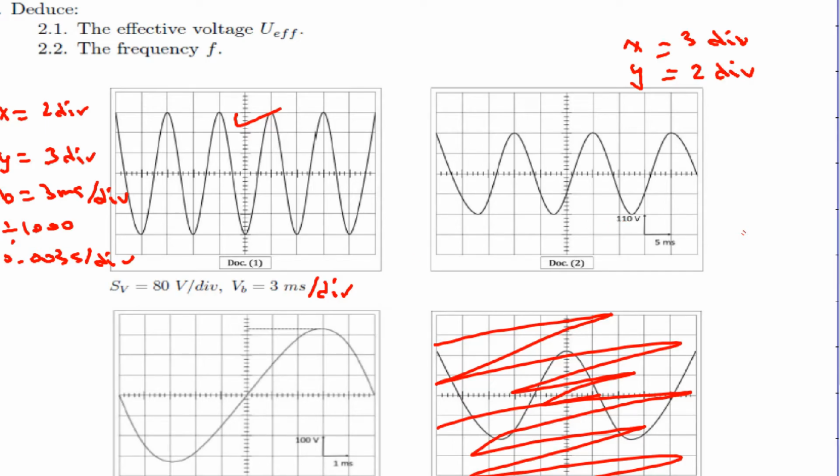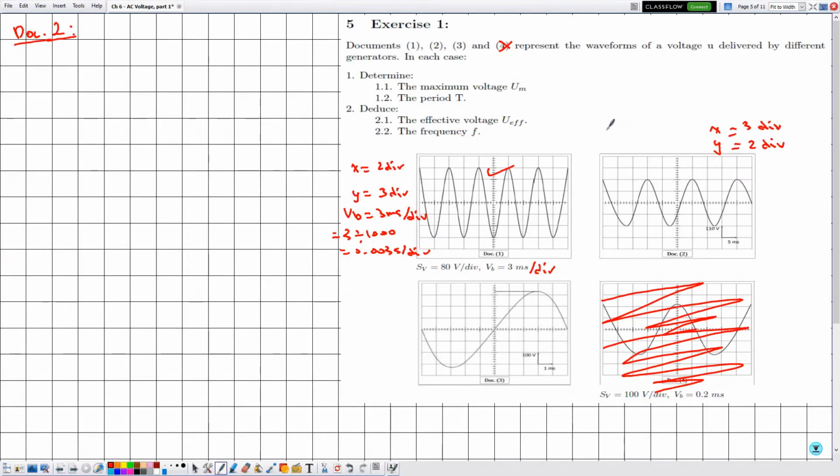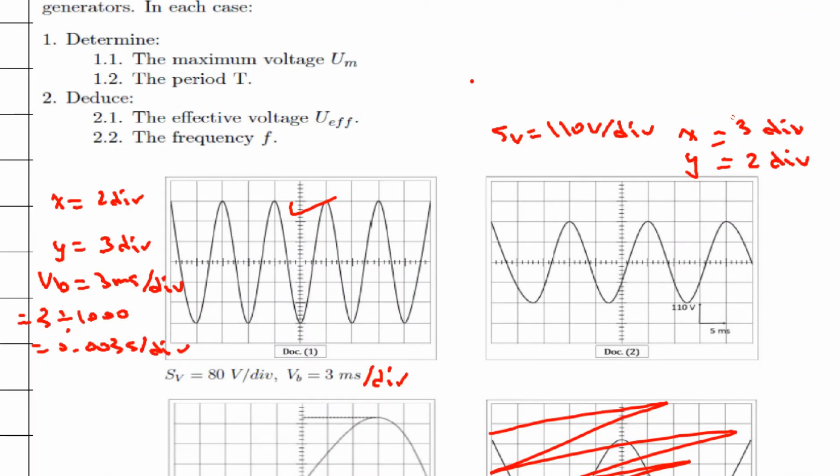And let me also directly write the values of SV and VB. Notice that here SV and VB are not indicated in this manner, but they are telling me that each one division corresponds to 110 volts, which means that SV is equal to 110 volts per division, because this is the vertical.